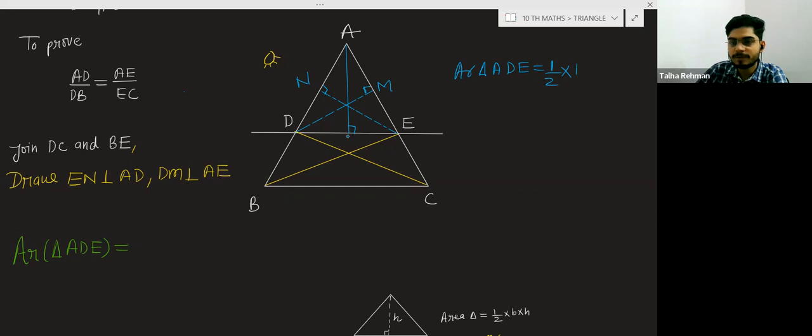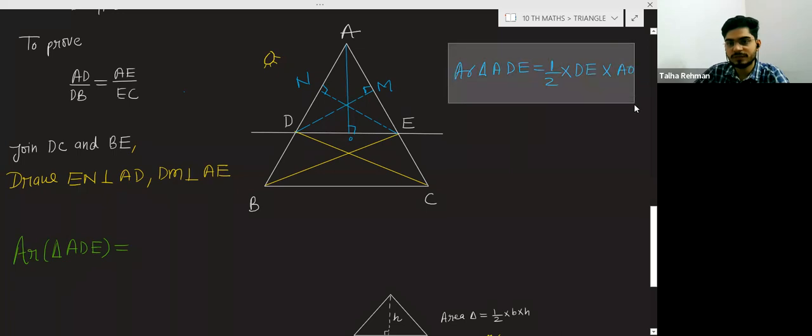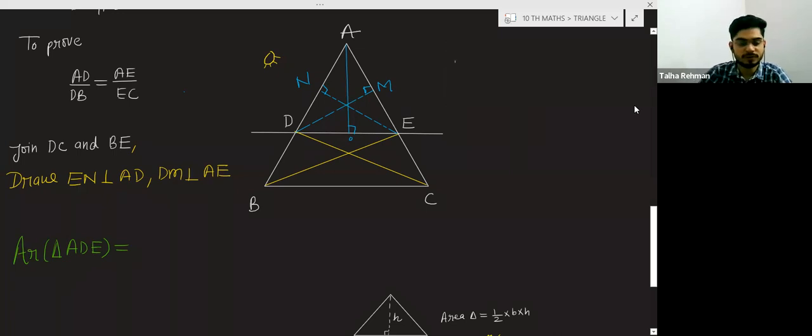This is DE, multiplied by height, meaning AD. You can suppose this is O, so AO. So this can also be the formula of the triangle.